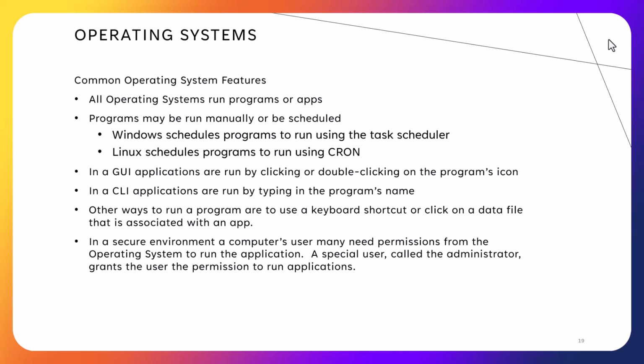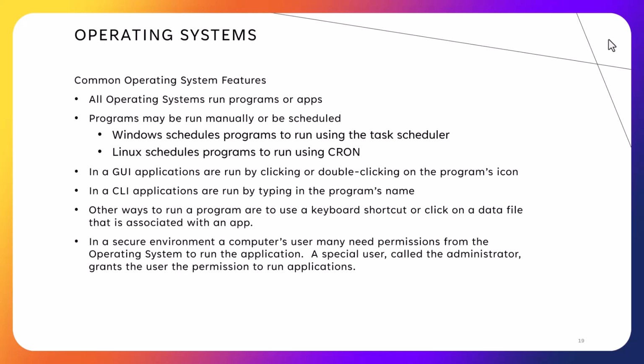You program these into your keyboard and you press the special key combination and the application will then run. You may also run an application by clicking on the associated data file. For example, if you click on a .docx file, that will automatically run the Microsoft Word in Windows application and load that file with it.